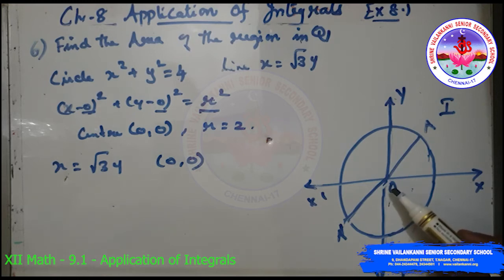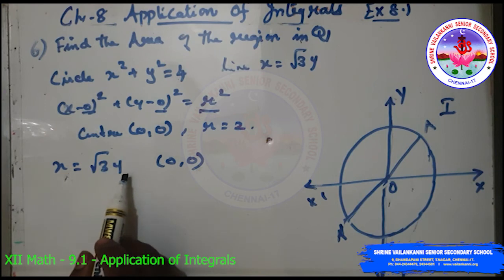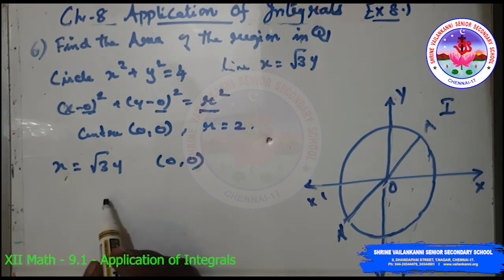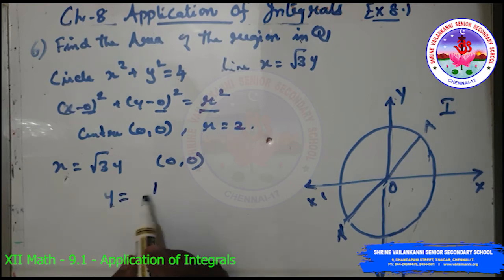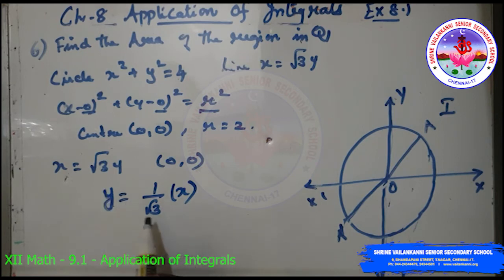Now we have to find the slope of this. So x is equal to root 3 into y, so root 3 into y is equal to x. So we can write y equal to 1 by root 3 into x, which is in the form of y equal to mx plus c, the slope intercept form which we learnt in 11th standard.